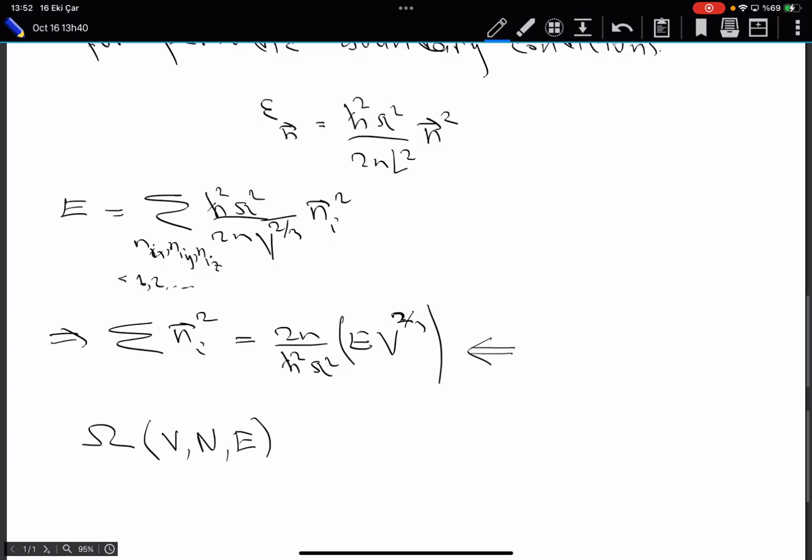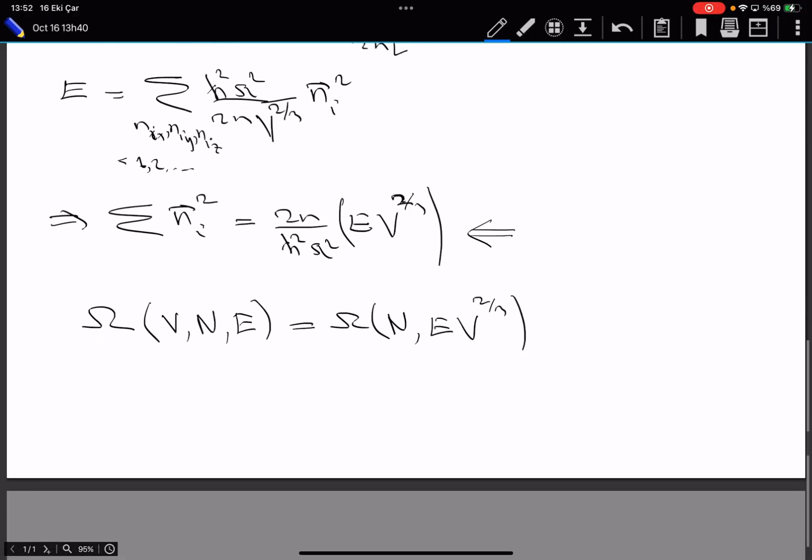The solution will not depend on E or V separately. It will depend only on that combination. So this will be equal to some function of N and E times V to the power 2/3. I haven't yet calculated it. I don't know what this function is, but I already know that it doesn't depend on E and V separately. It depends on that combination.